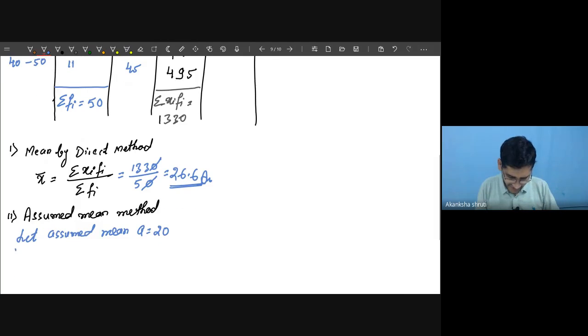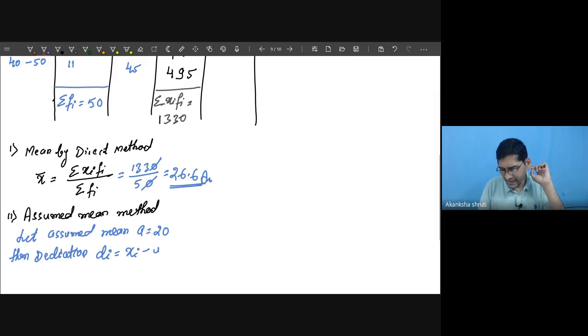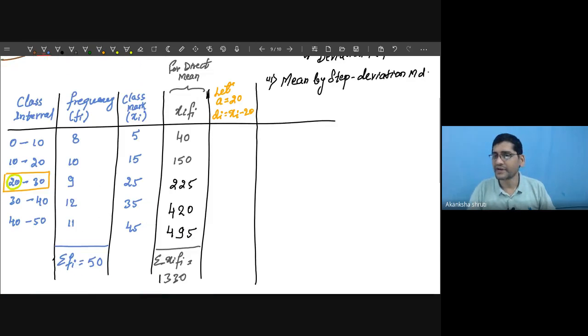Then the deviation di of each class interval is obtained by xi minus A, means xi minus 20. So that's why we have directly written xi minus 20 in the next column.